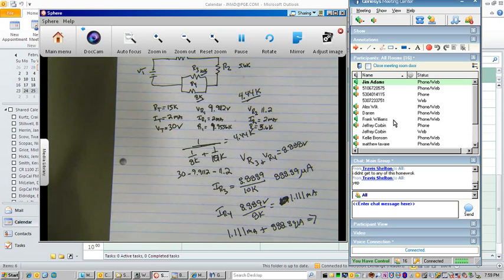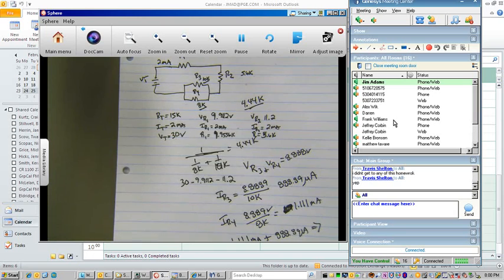I got 888.89 microamps, right? Current through R3. So the current through R4 would be 8.889 volts divided by 8K.